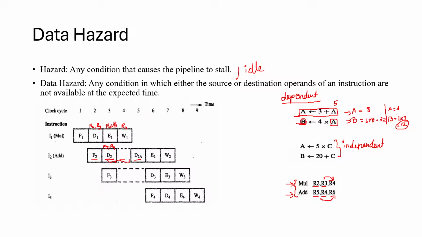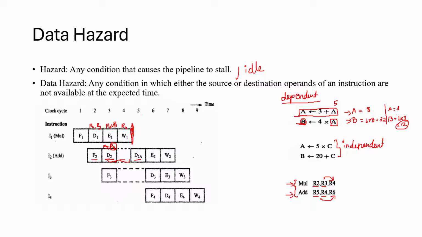But the R4 will be ready only at the end of the fourth clock cycle. If it reads the R4 here, it leads to the wrong answer, right? So the fetch of the R4 value has been delayed till clock cycle 4. Then only the R4 is ready.